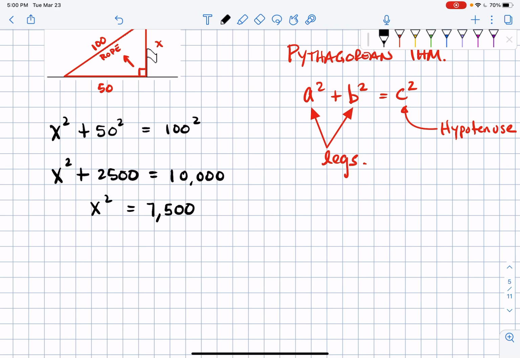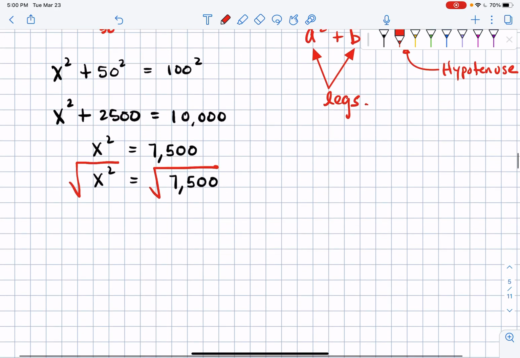And then I have to take the square root of both sides. Yes, you should be doing the plus and minus.